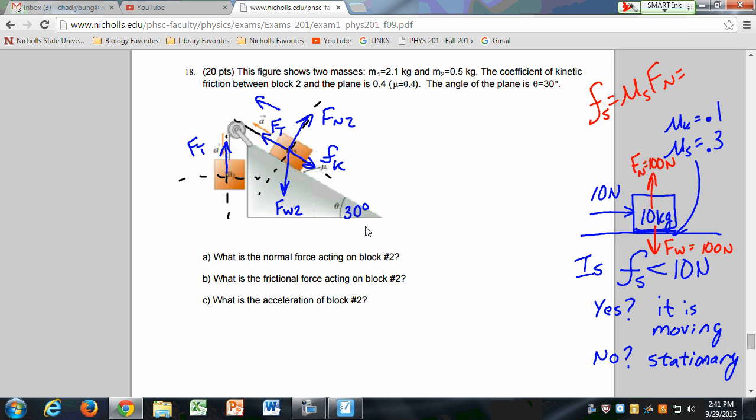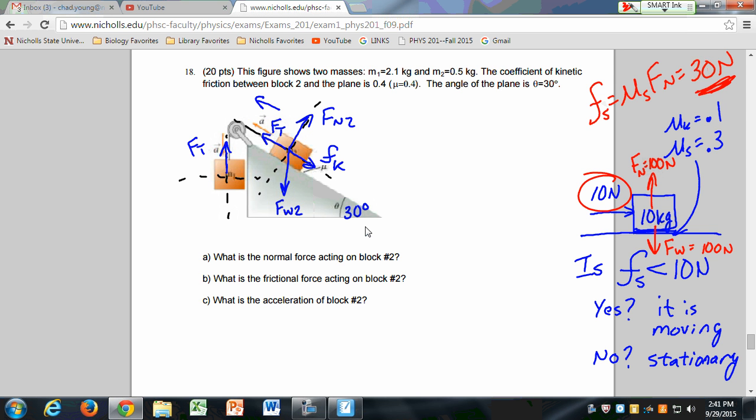So that's 0.3 times 100. That's 30 newtons. Is this object moving? Am I pushing hard enough with 10 newtons of force to overcome the static frictional force? So look, the static frictional force is 30 newtons. I'm only pushing with 10 newtons of force, so I'm not pushing hard enough.